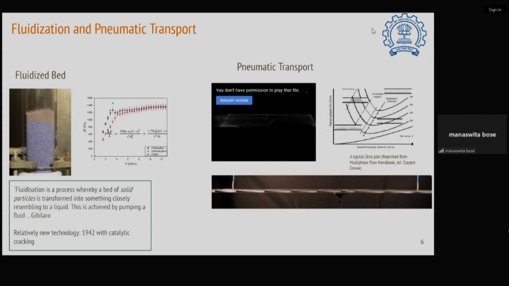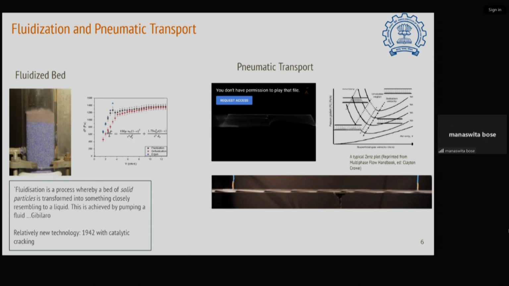What happens in fluidization? Let us look at this graph here. What is plotted here is delta P, that is the pressure drop across the bed. Suppose we have one pressure point at the bottom of the bed and another pressure point at the top of the bed, and we keep measuring the pressure drop between these two points as we keep increasing the air velocity. Then what happens?